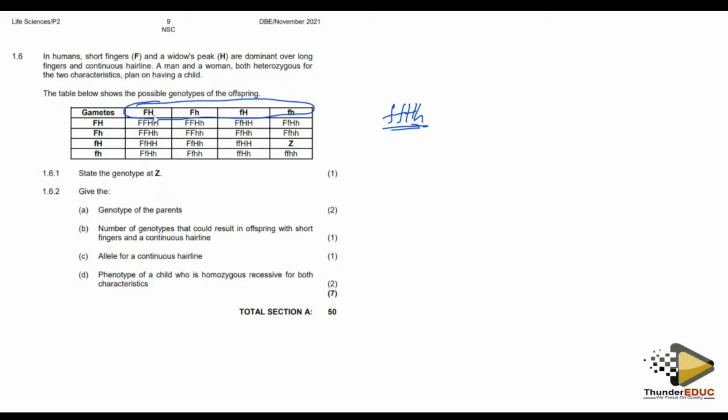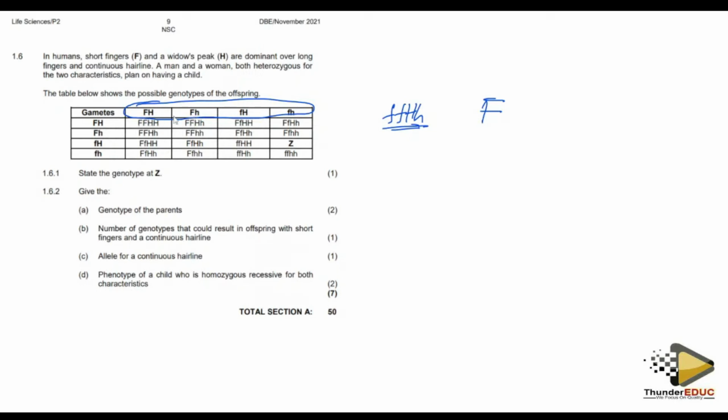Pick a letter which is not repeated, then write it down. The first one is capital F. Make sure that you don't repeat the letter before, because there's supposed to be two alleles for each character. First write the letters which are not repeated. Then it's capital H.